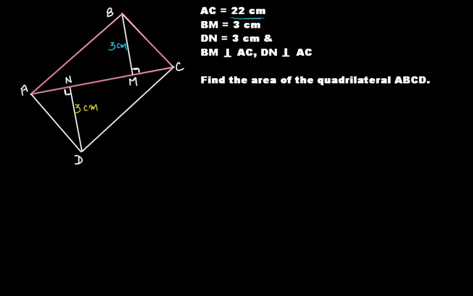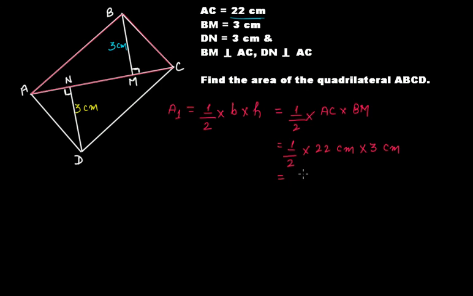For area 1, half times base times height, this comes as half times, what's the base here? Clearly AC. What's the height here? That's a perpendicular, that's BM. So this is half times AC, 22 centimeter, times BM, that's 3 centimeter. So you get 33 centimeter square. A1 is 33 centimeter square.